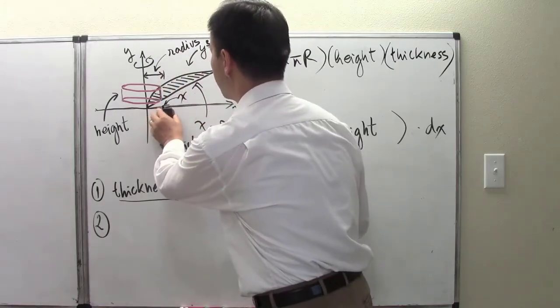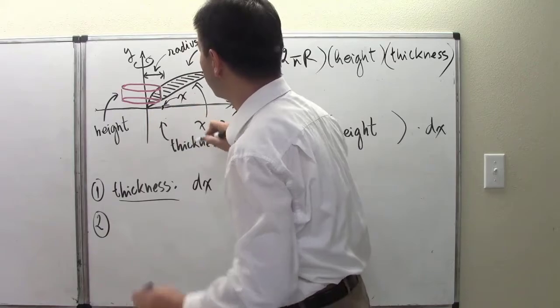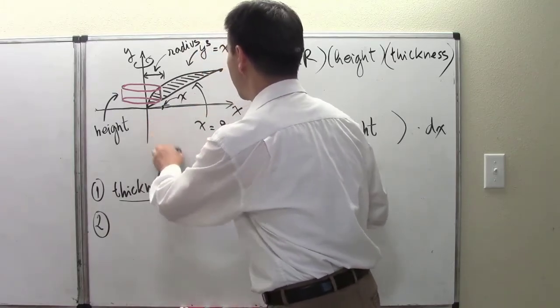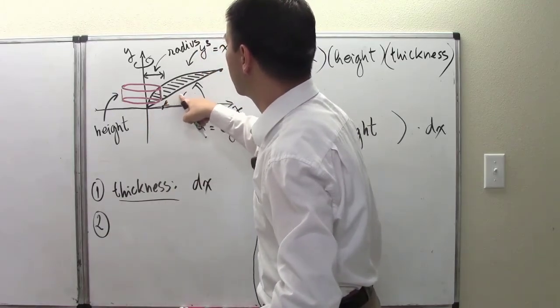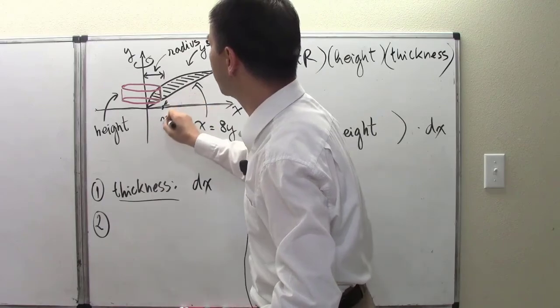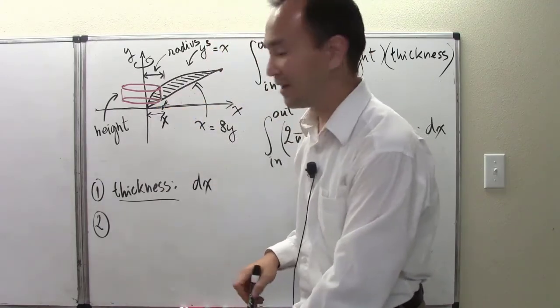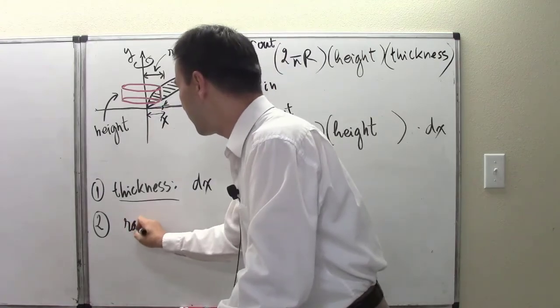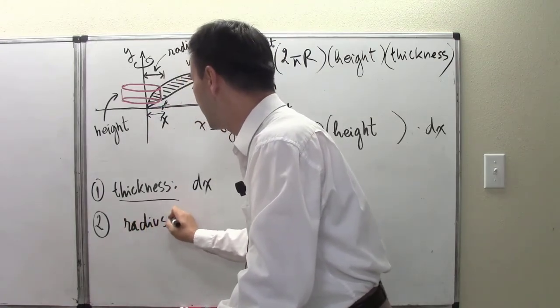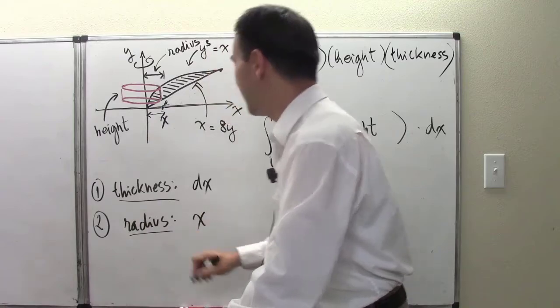I have to erase some extra notes here. So at any x, that's going to be the radius for us. And so radius is going to be x.